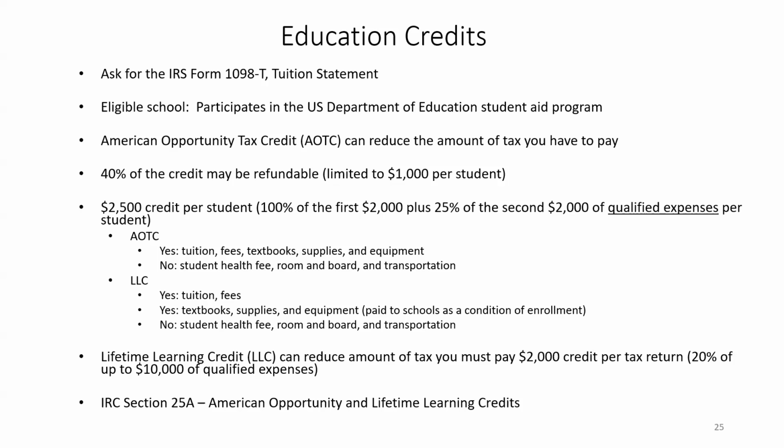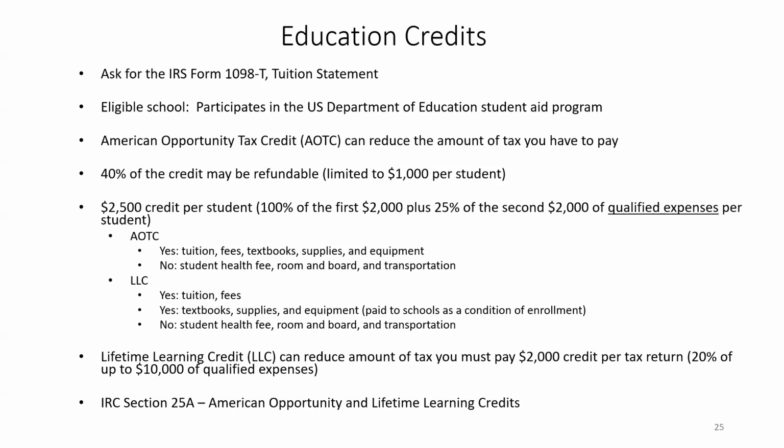And then for the Lifetime Learning Credit, which we're going to get into in just a moment, it's almost similar to the American Opportunity Credit as far as the qualified expenses. And it says right here, for the Lifetime Learning Credit, you can deduct your textbooks, supplies, and equipment. However, it has to be paid to the school as a condition of enrollment.